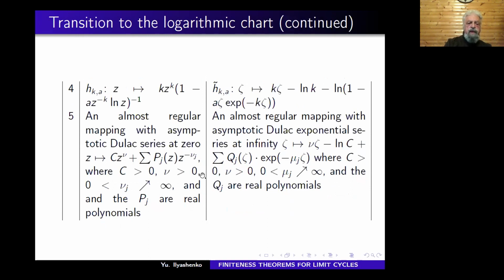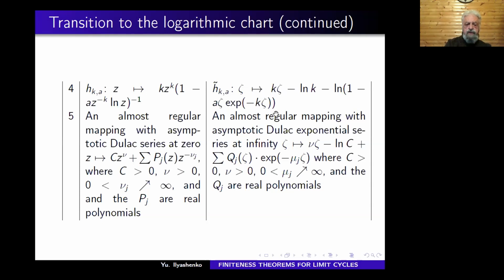There is one elementary function which occurs when we calculate more thoroughly the maps 2. And in the logarithmic chart, it is almost obviously an almost regular map. Here is the affine part, and this logarithm may be decomposed in the Dulac exponential series.